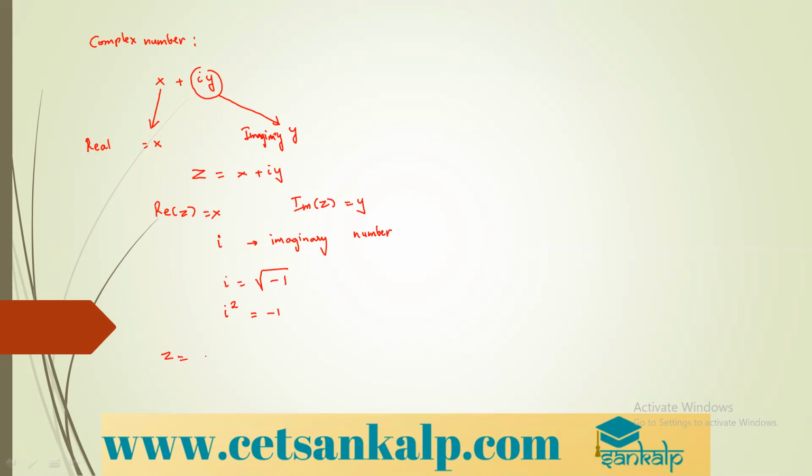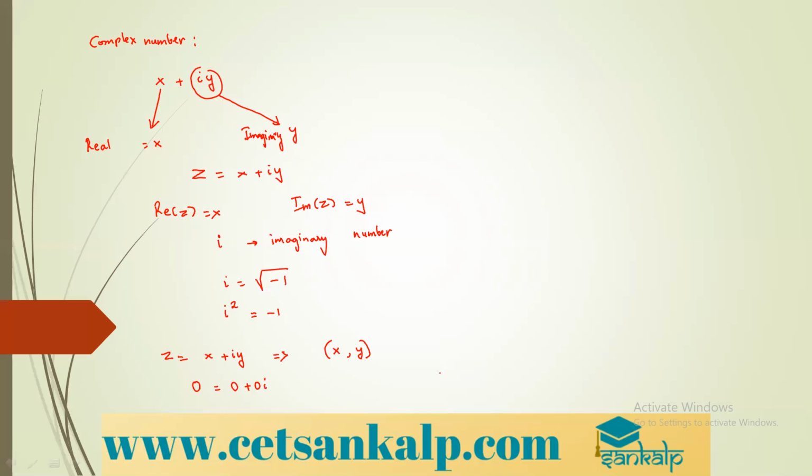Every complex number, that is z equal to x plus iy, can also be written in the form of ordered pairs: x coordinate, y coordinate. If you have 0, it can be written as 0 plus 0i.